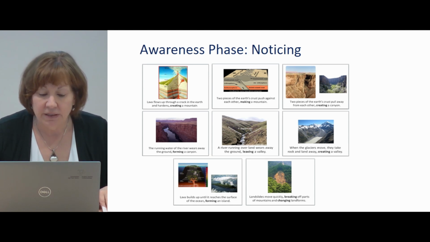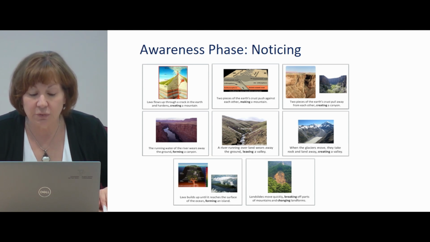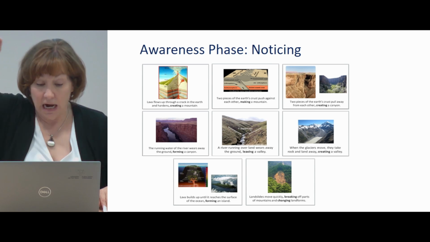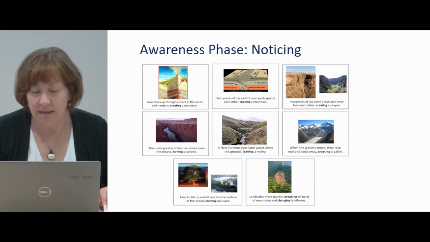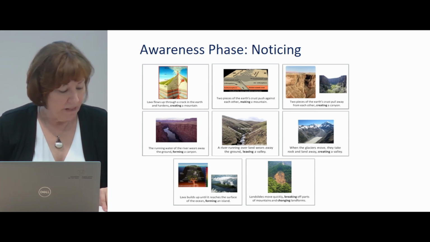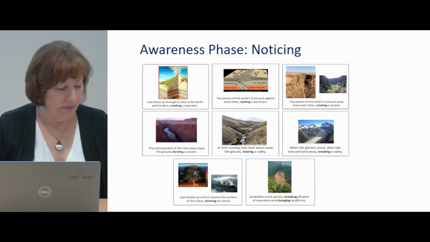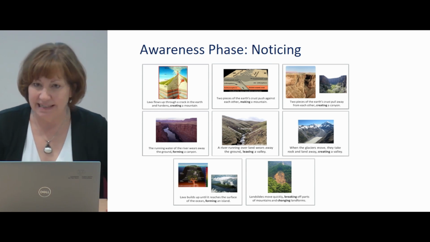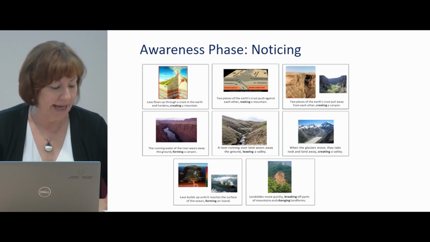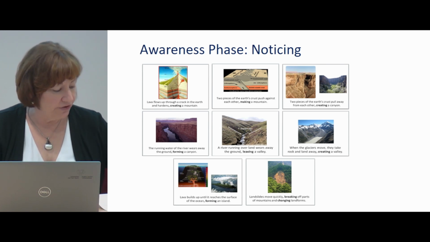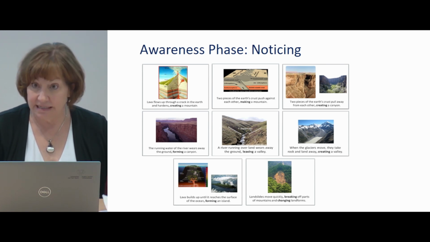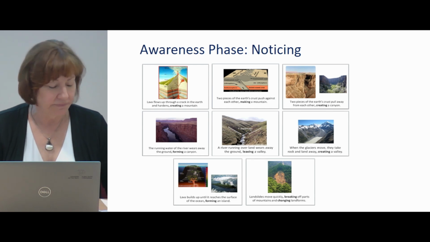So for example, two pieces of the Earth's crust push against each other, comma, making a mountain. Okay? Making that physical gesture to indicate a comma and stressing that ing on the participial adjective will make these two features of this kind of sentence even more salient for students.